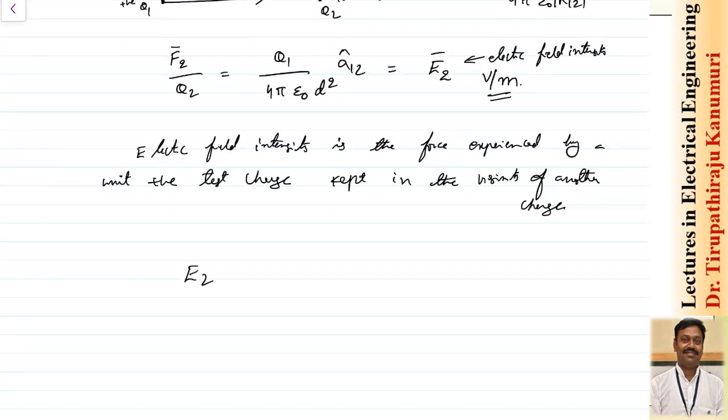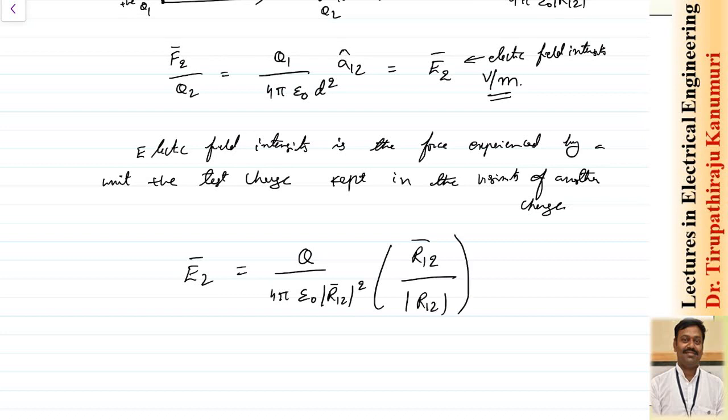So this I can represent as E2. In a simplified way I can write Q, because whatever charge we are calculating, that charge's effect is on the second charge, so I am simply writing Q only because only one charge is there here. This becomes Q divided by 4 pi epsilon naught R12 square, into the unit vector we have seen in the last class. That unit vector will be the vector divided by its magnitude.